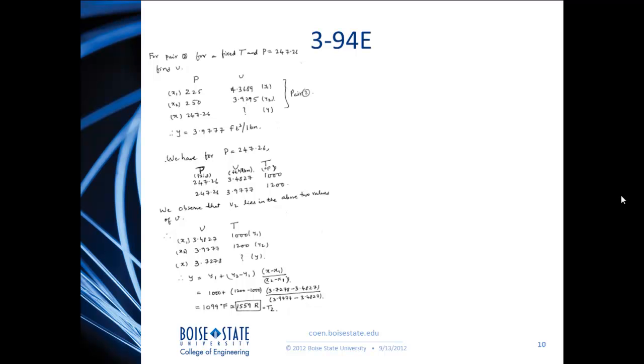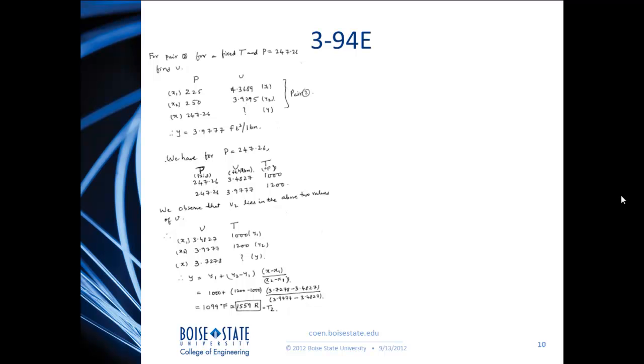Again, we do a similar procedure for pair 2. Now we have a different fixed T which is 1200 Fahrenheit and the same pressure which is 247.26. We find what would be the specific volume at this, so we end up with 3.9777 cubic feet per pound mass.